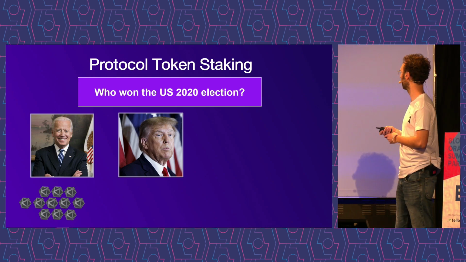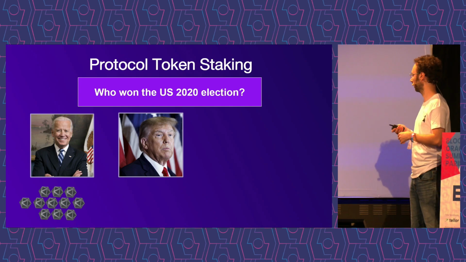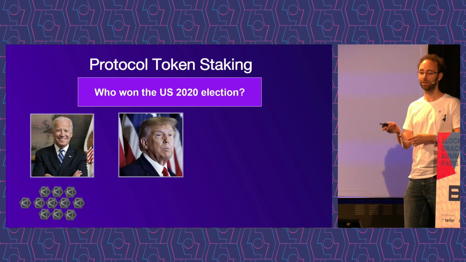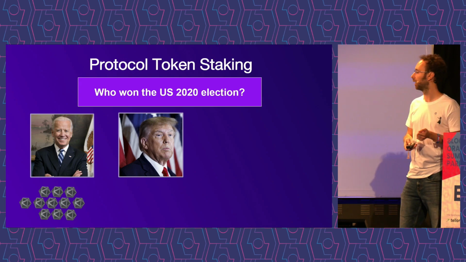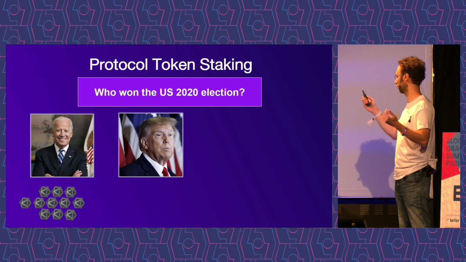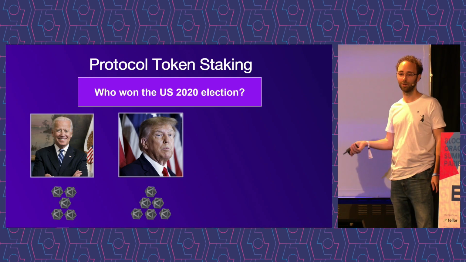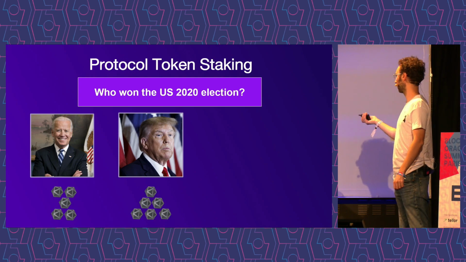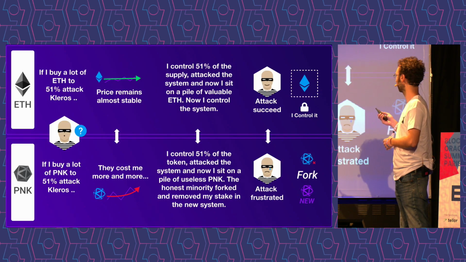So can we do slightly better? Yes, we can have protocol token staking. Kleros would be an example of that. In this case, people stake a protocol token, here some PNK, and if everything goes right, people are going to stake and vote for Biden. If you want to attack it, you need to have more protocol tokens than the honest parties have.